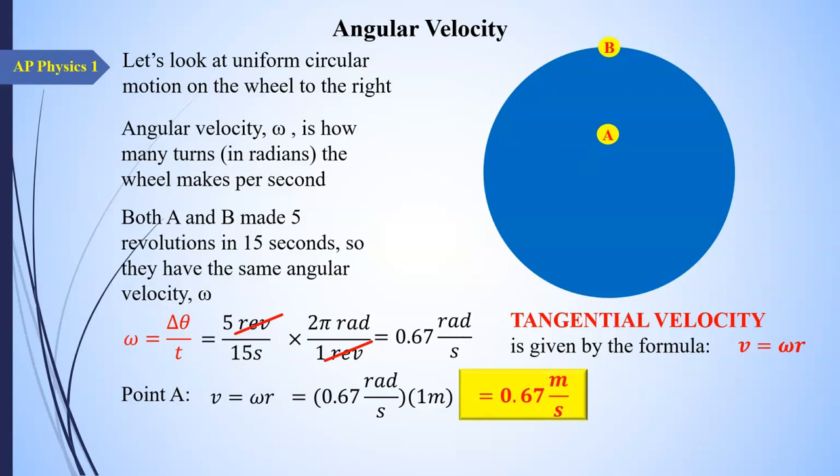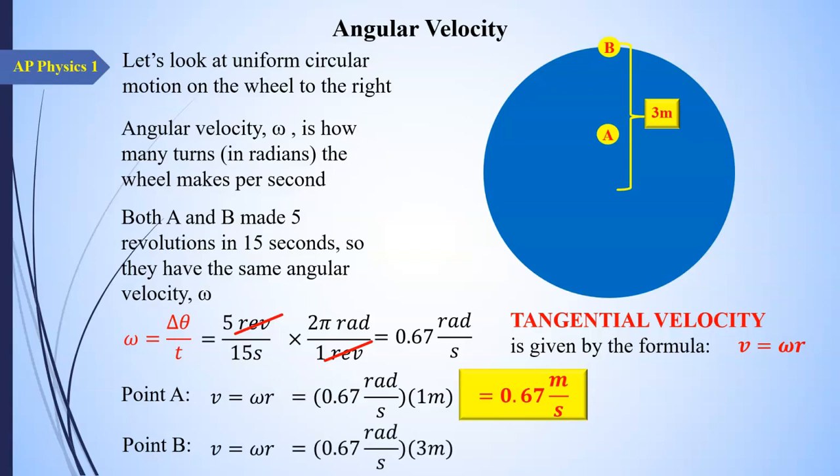For point B, it's 3 meters away. So same formula, 0.67 times 3 meters equals 2 meters per second. So B is moving faster than A tangentially, but angular velocity is the same.